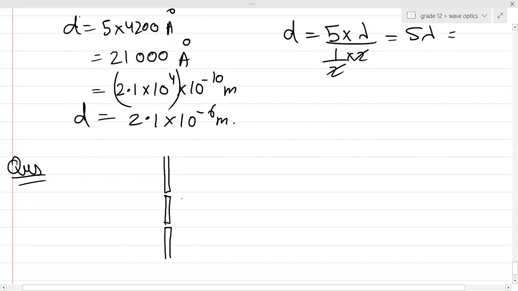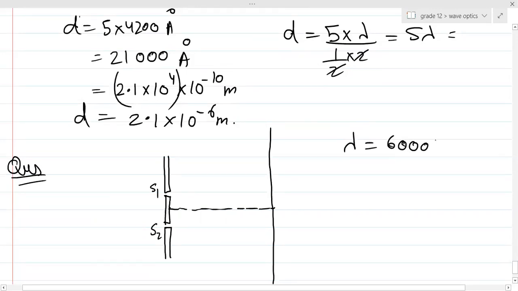Can you see a double slit plane? And in front of this double slit plane there is a screen. So in this YDSE setup, S1 and S2 are given to you. I'm not writing the whole statement. The statement is something like this: in a YDSE setup, a light of wavelength 6000 angstrom is used.